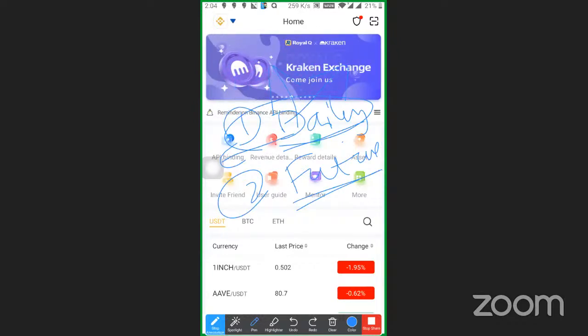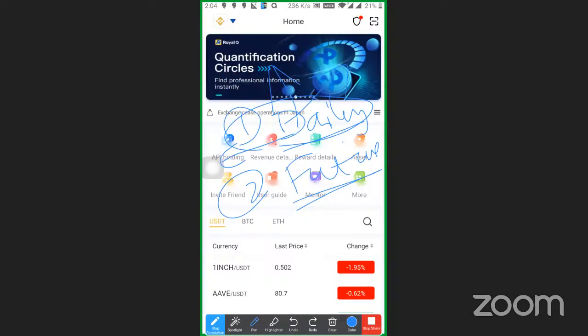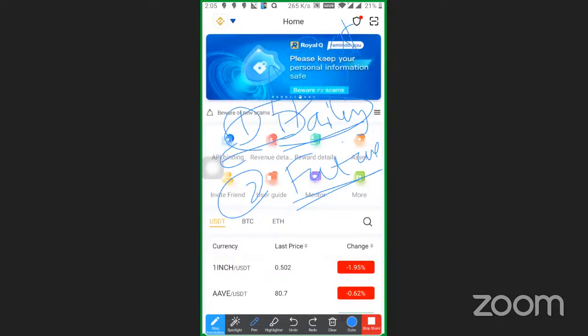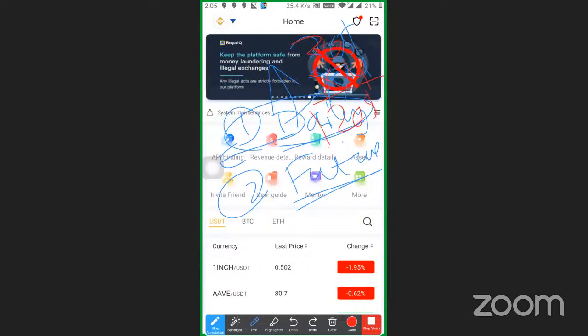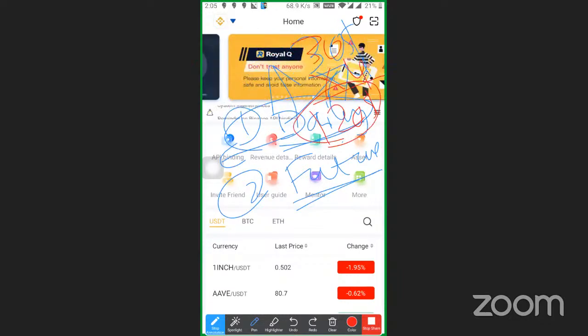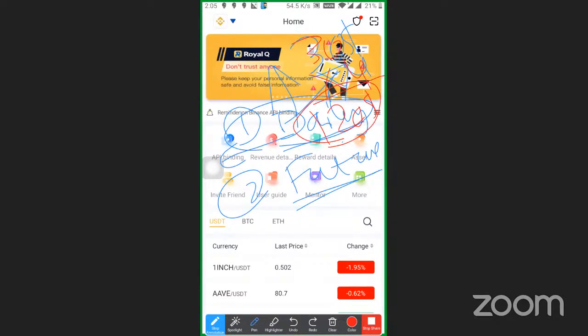So even if you are a V1, you share with somebody and you get your $30. You share with just 4 people. You share with one, you earn $30. You share with 4 people, you get your $120 back. That is your cash back. The only investment you made in Royal Q, you get it back, right?